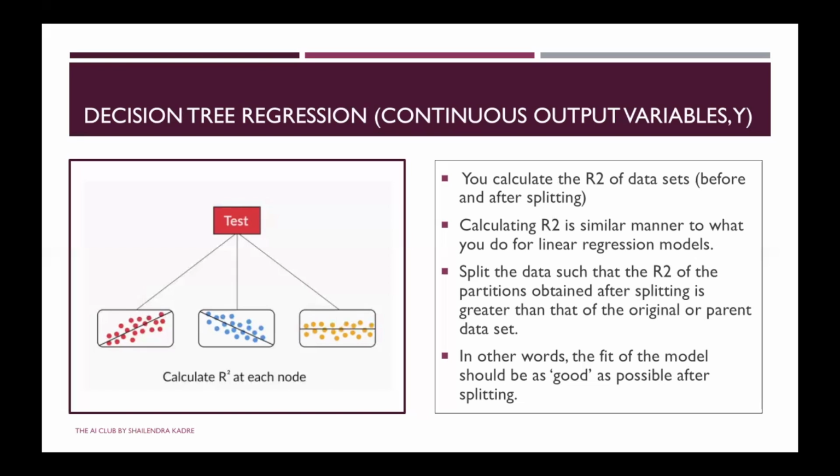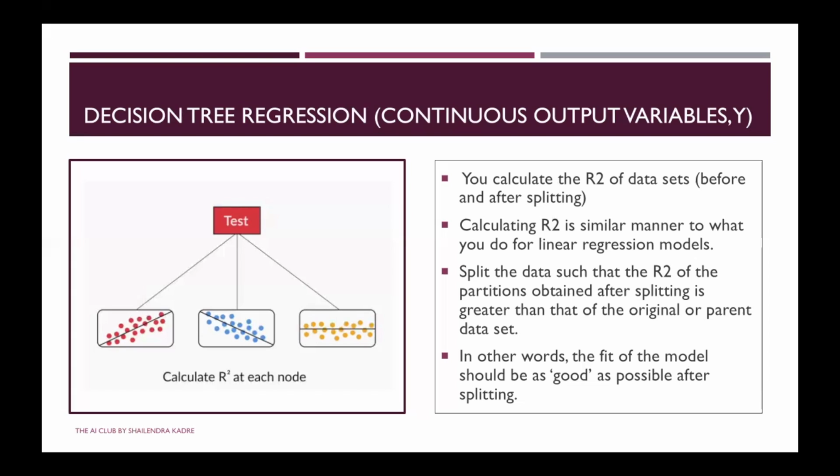So if we want to use decision tree for regression, we calculate the R2 of data sets. Earlier we calculated the entropy, then summation and then subtraction. Now, instead of entropy, here we will be calculating the R2 of data sets, in the similar manner to what you do for linear regression models.